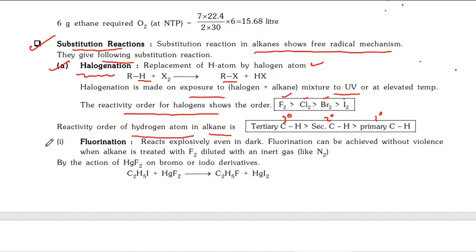Now fluorination. Fluorination reacts explosively in the dark. Even light is not needed, and the reaction proceeds in the dark too. Fluorination can be achieved without violence when the alkane is treated with fluorine diluted with an inert gas like nitrogen, or by the action of mercuric fluoride on bromo or iodo derivatives.